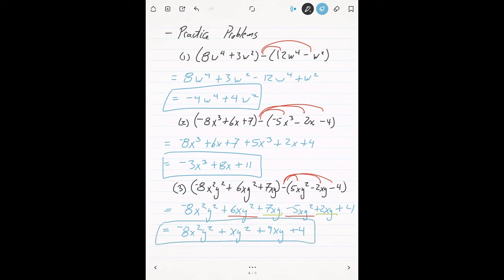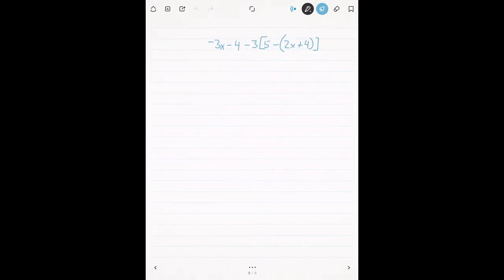What I'd like to do now is make it a little more complicated. Take a look at this example. This is where you can think of multiple polynomials being affected by different sets of parentheses. I have the polynomial 5 and 2x plus 4.